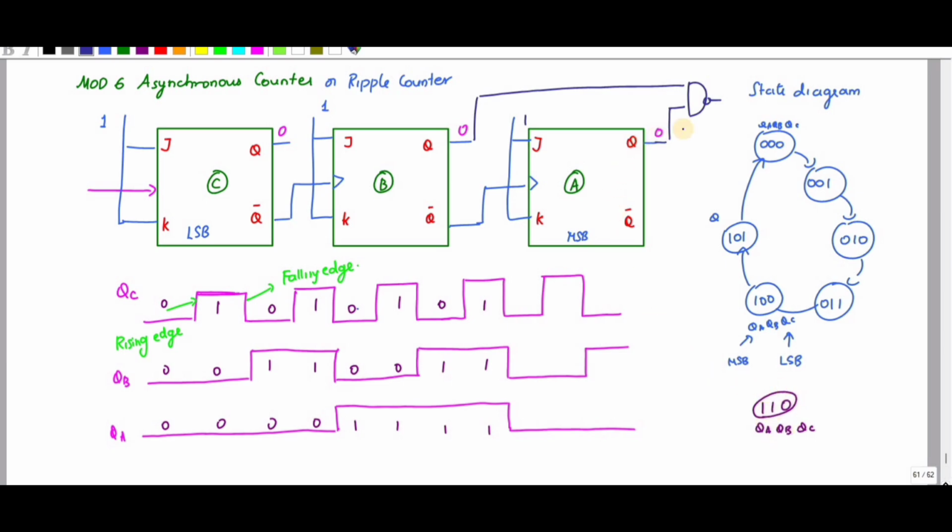Okay, so give it to a NAND gate and you connect it to the reset pin. So this is your reset pin of the flip flops.